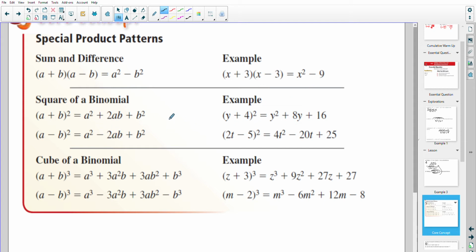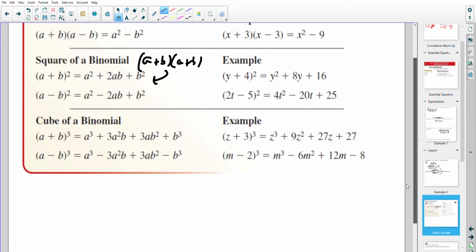Squaring binomials, this is, you get this by basically taking a plus b times a plus b, and then doing 4 multiplications. Same thing here. And what you could do is take a negative b and plug it in for your b, and you get minus 2ab, negative b in for b, and you get positive b squared, right? Negative b times negative b is positive b squared. There are a couple examples there.